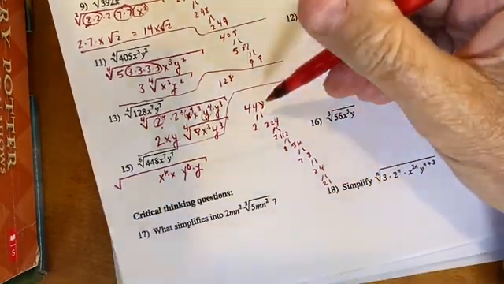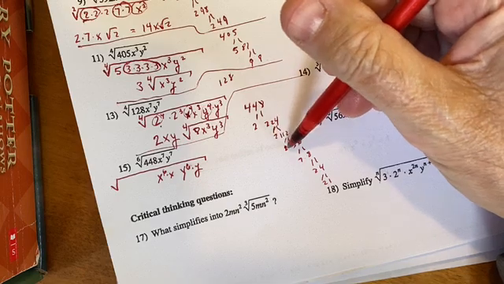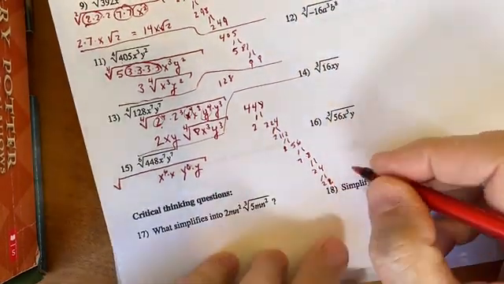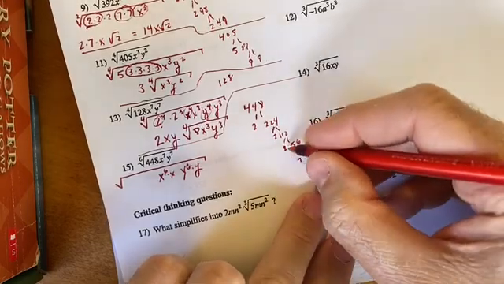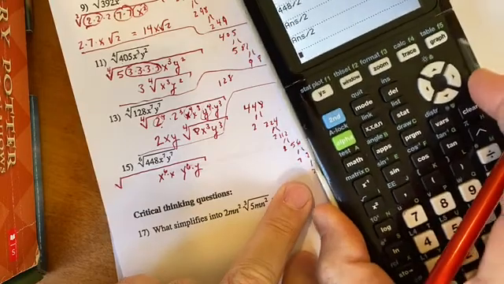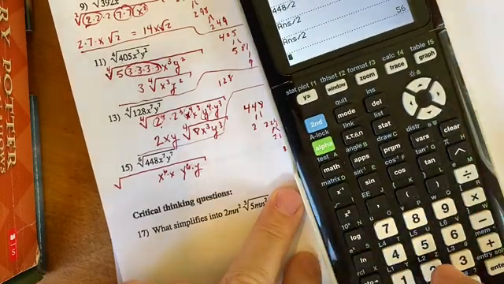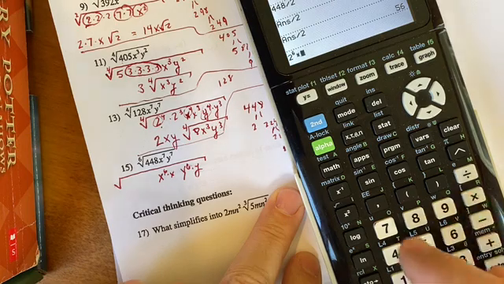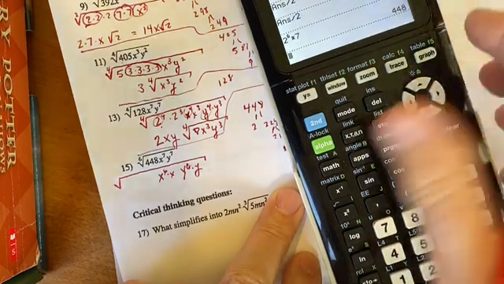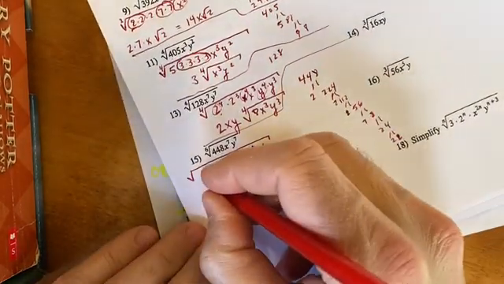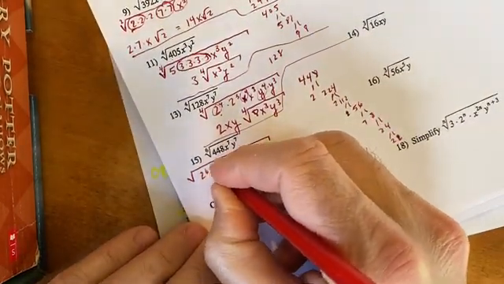So it looks like 448 has 2 times 2 times 2 times 2 times 2 times 2. 1, 2, 3, 4, 5, 6 2's, and a 7. Let's make sure I'm right. 2 to the 6th times 7 is 448. Okay? 2 to the 6th times 7.